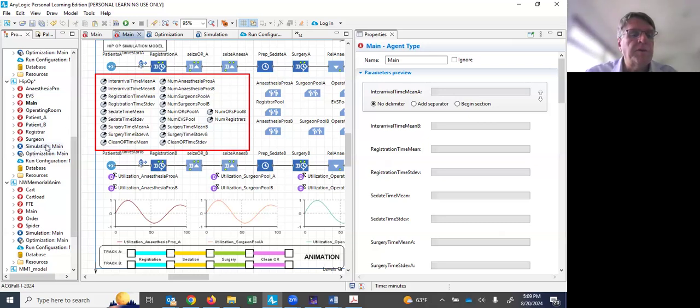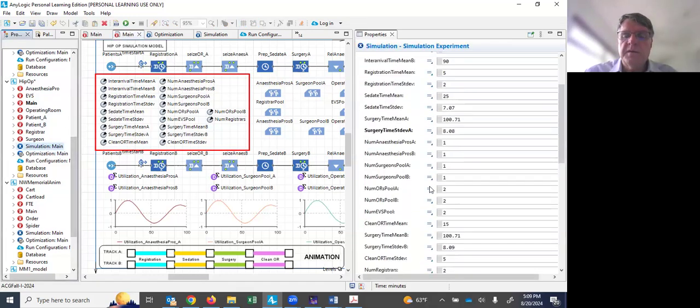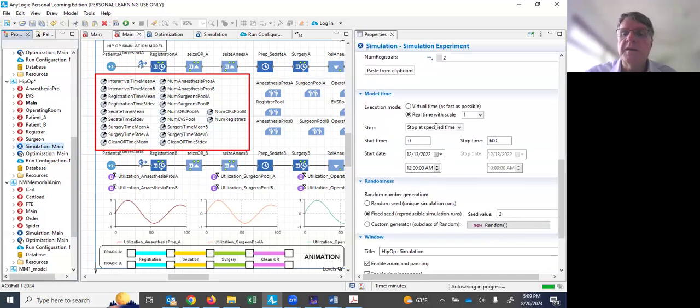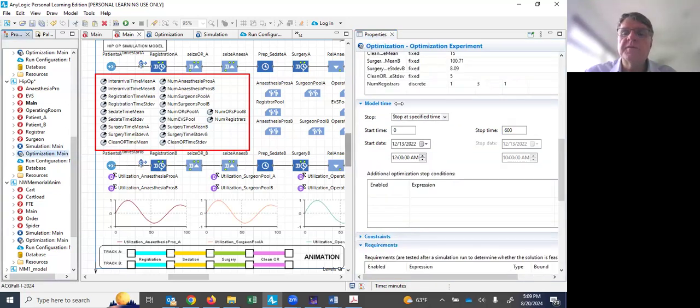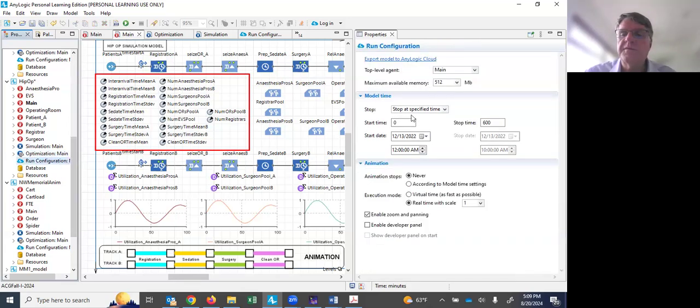But what we want to do is end this experiment. So the model time, we will stop at a specified time, that's 600 minutes. I think we may have to do that here also. I've got that in the optimization experiment. I just want to see in the run configuration, I specified that as well. I don't know which one is the ruling configuration. I think this may be the run configuration.